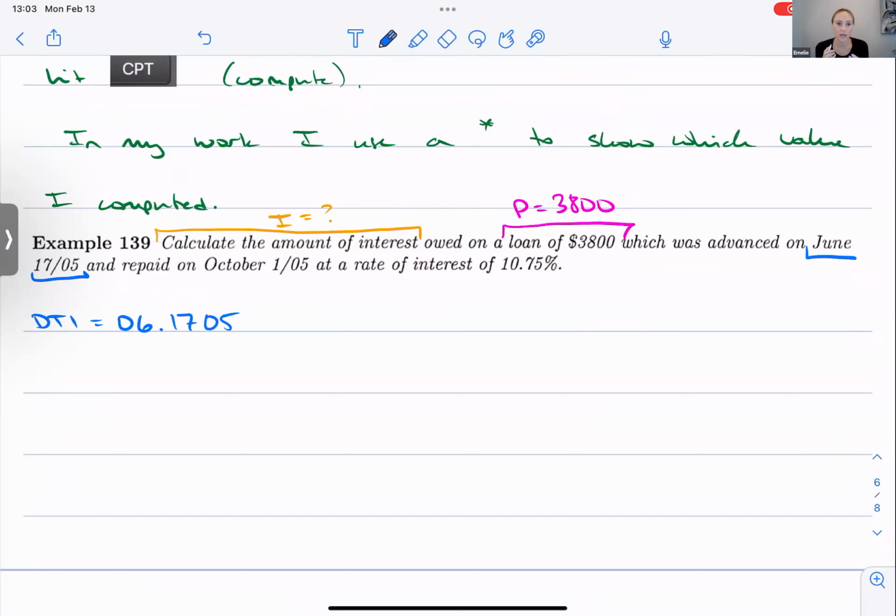And it was repaid on October 1st, 2005, which means that date 2 is October, which is the 10th month, 10.0105. And the interest rate R is 0.1075.